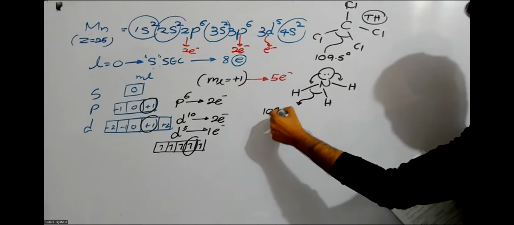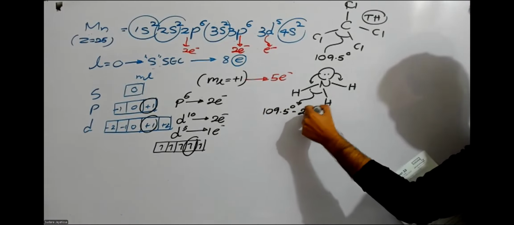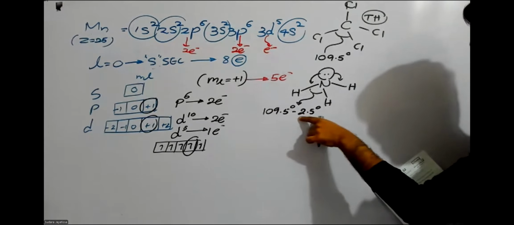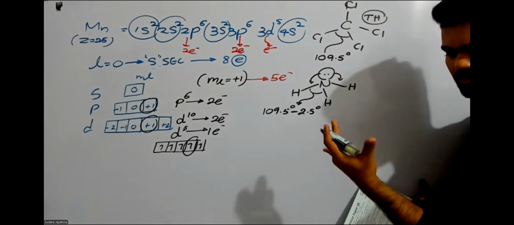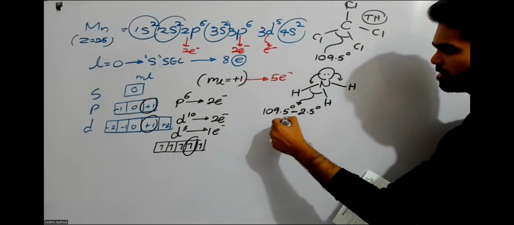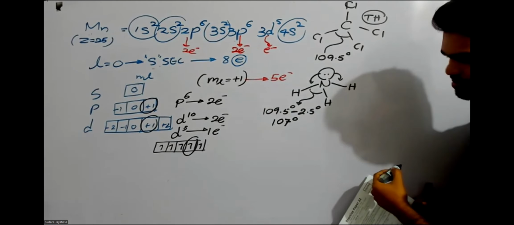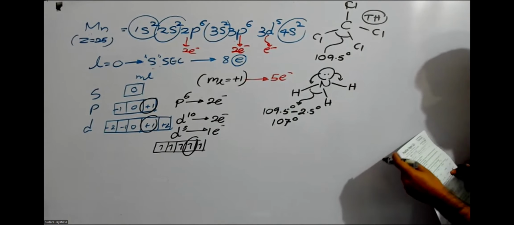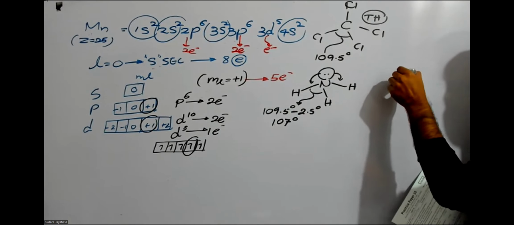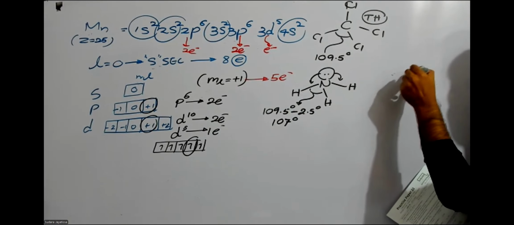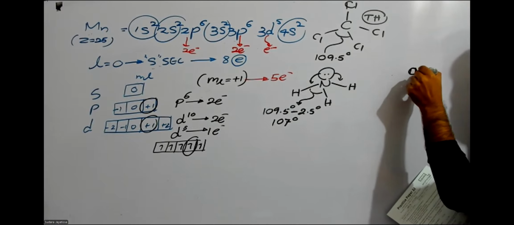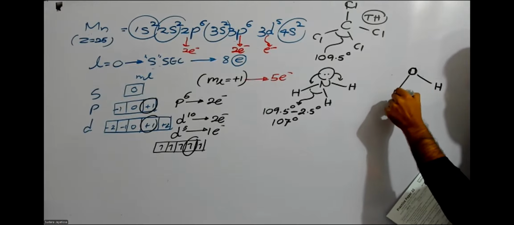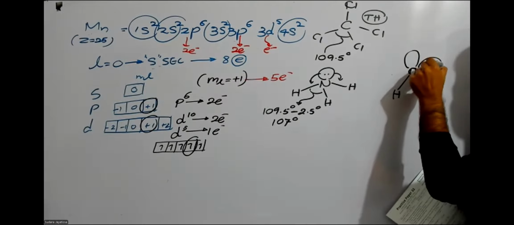How did we figure this out? We subtracted 2.5. This is just a rough value, not a hard and fast rule. So it becomes 107 degrees. Just knowing that is enough. The next one is water. Just like NH3, water has lone pairs, and it has 2 lone pairs.